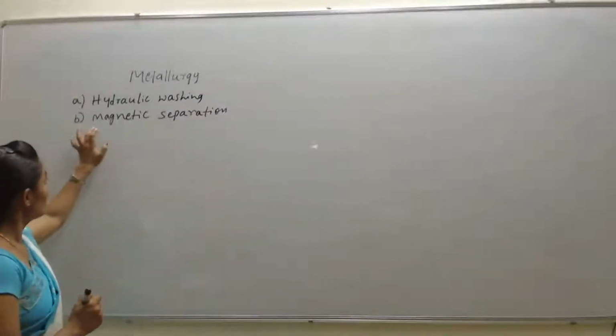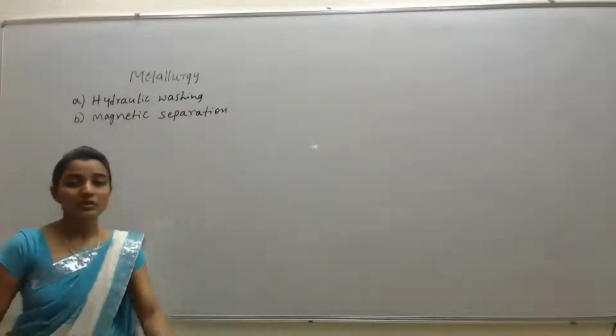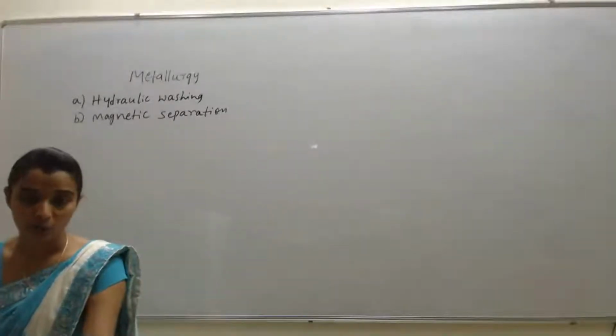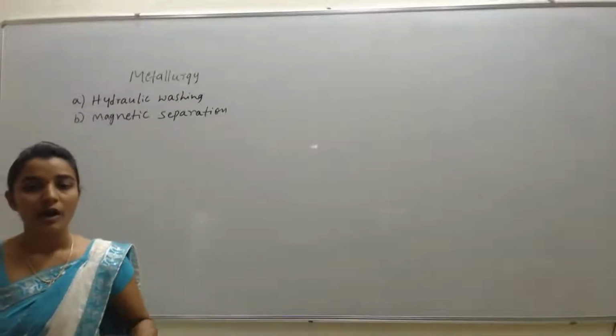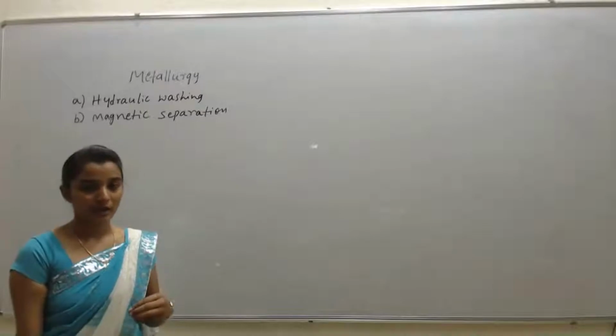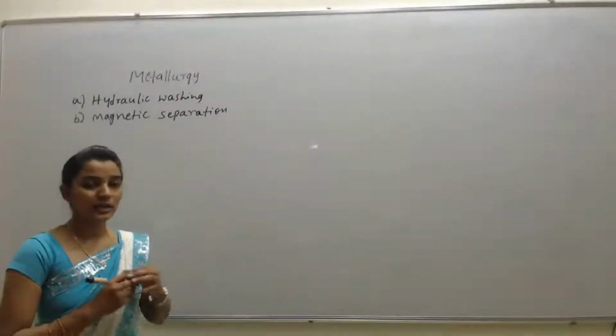But in magnetic separation, what happens? The separation is based on the difference in magnetic properties, that is, whether they are attracted by the magnetic field or repelled by it. In yesterday's class I took iron as an example.